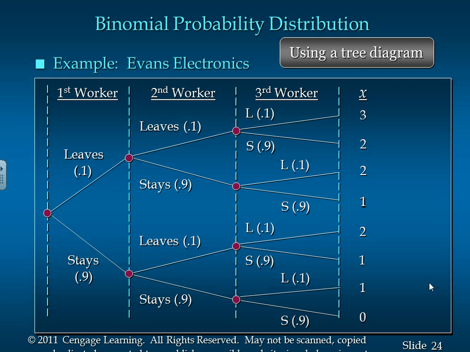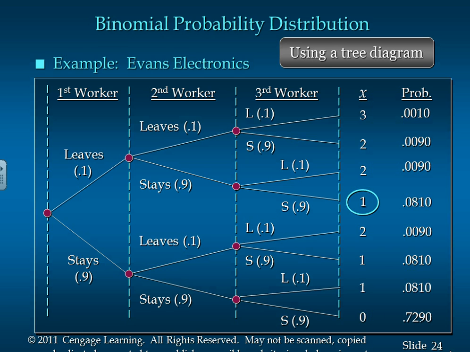Okay, so if everybody leaves, all 3 left. If everybody stays, all 3 are there. One more, the probability. That's because there's no one, everyone stayed. Oh, right. So 0.9 times 0.9 times 0.9. Is that number?